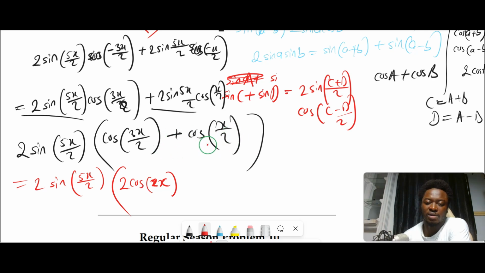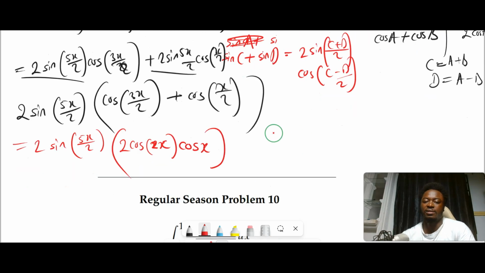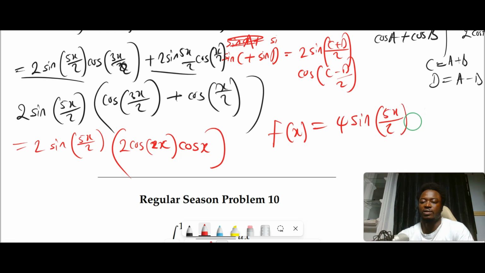That would be cosine of x. So f of x here now would be 4 times the sine of 5x over 2 times cosine of 2x, and then cosine of x.